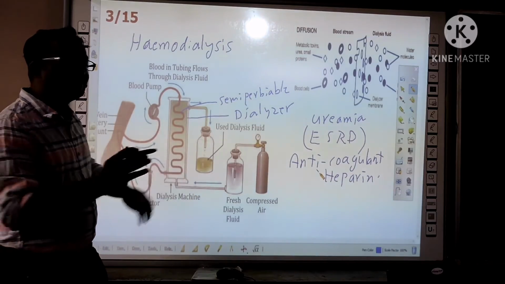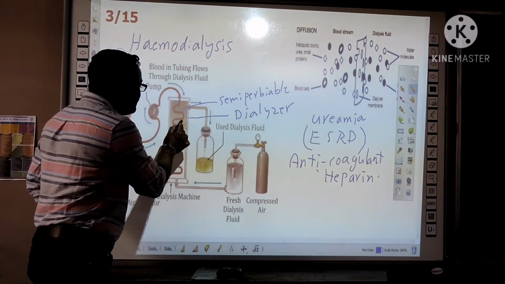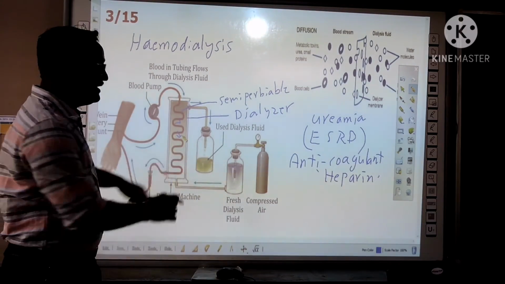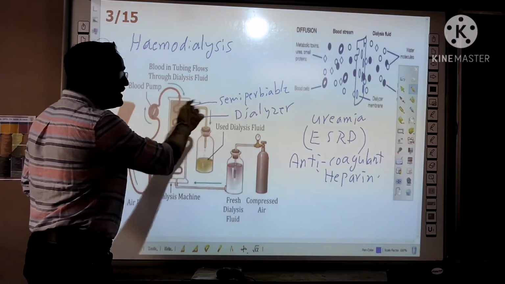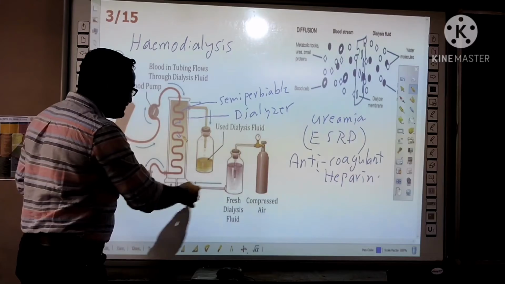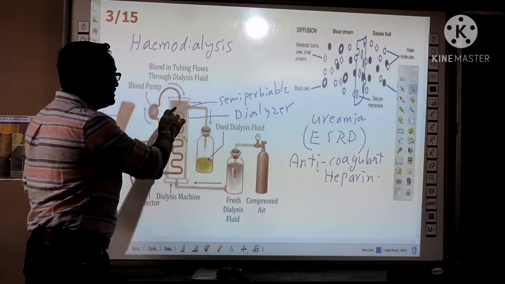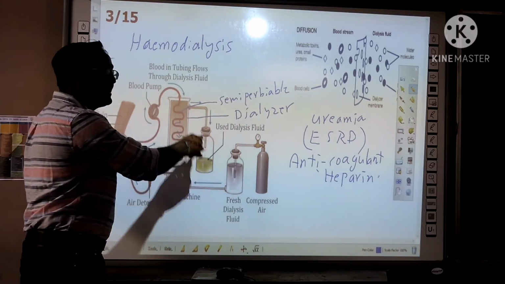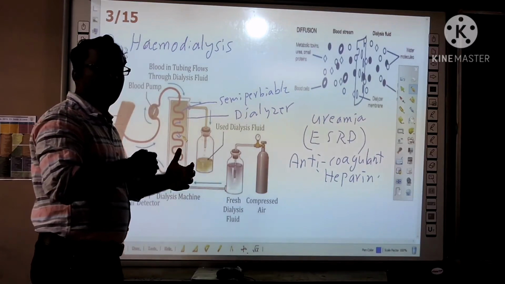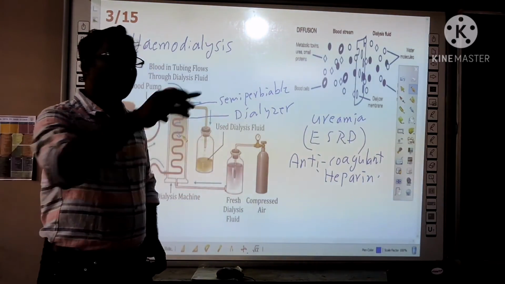Due to this concentration difference, the nitrogenous waste present in the blood is removed and enters the dialysis fluid. Immediately that fluid is separated from the machine. Again the fresh fluid is pumped. It's a continuous process. The fresh fluid is pumped, and the waste fluid is taken from the machine. To complete one dialysis process, it takes 3 to 6 hours based on the condition of the kidneys.